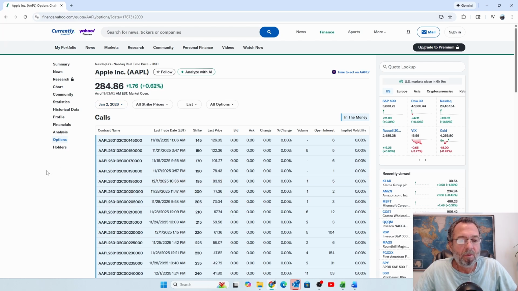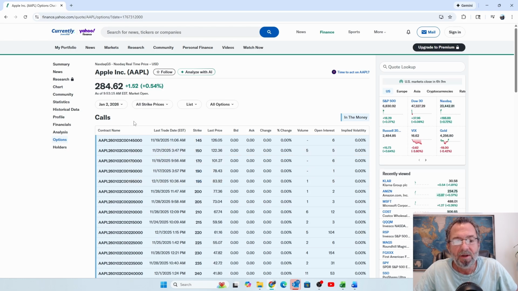Now the next thing you want to look at is the strike price. The strike price is very important because if you are buying this Apple stock right now for, let's say, $285, you want to sell an option to somebody that's going to expire on January 2nd, 30 days from now, and it's going to give them the right, not the obligation, but the right to buy that stock off you at whatever strike price you choose.